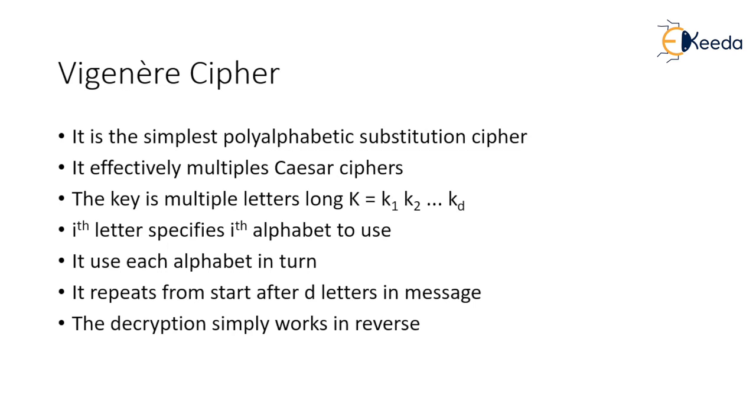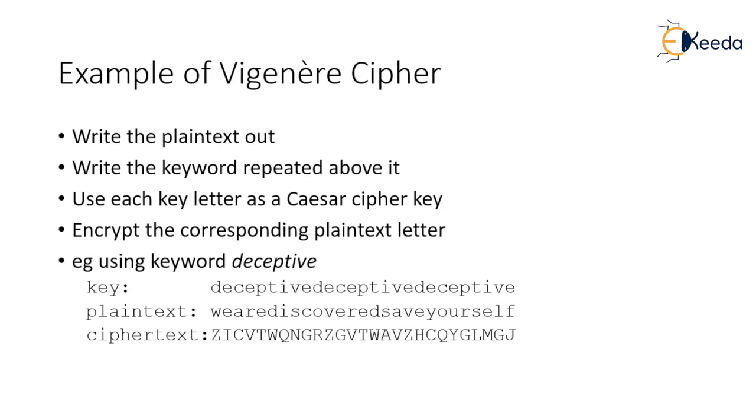Now let's see an example of how the Vigenere cipher, this polyalphabetic substitution cipher, works. Here we take a plain text: "We are discovered, save yourself." This plain text has to be converted into ciphertext because it has to be transferred over the network. The given keyword is "deceptive".